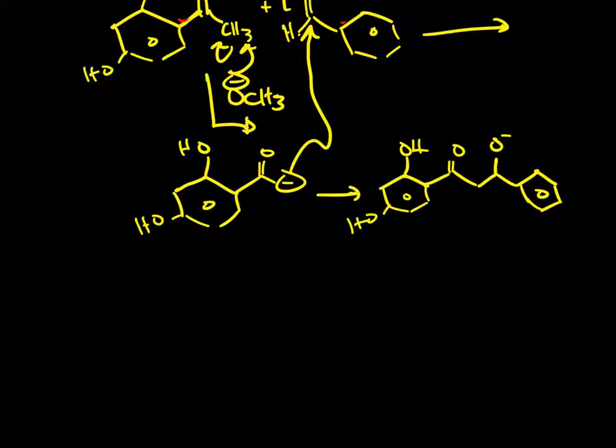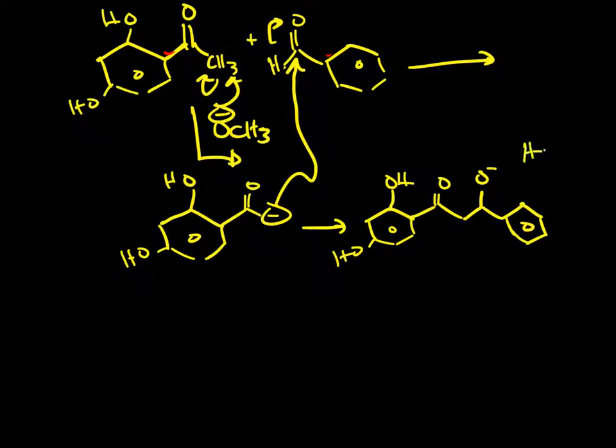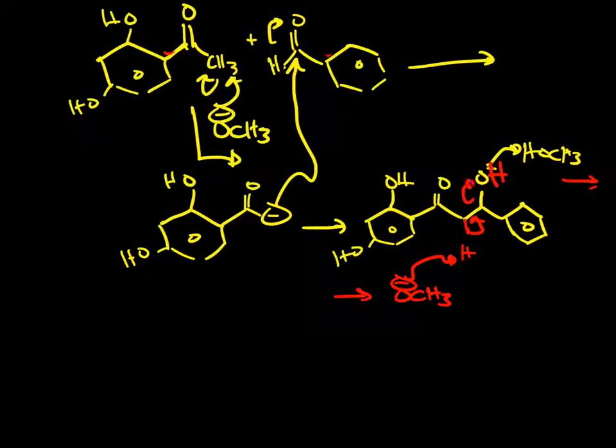Okay, let's give ourselves some space. We have some HOCH3 floating around to reprotonate this guy, so this is going to become OH, and then that's going to give us some OCH3 minus in here, which is going to grab this, kick that out, and then kick our OH out.